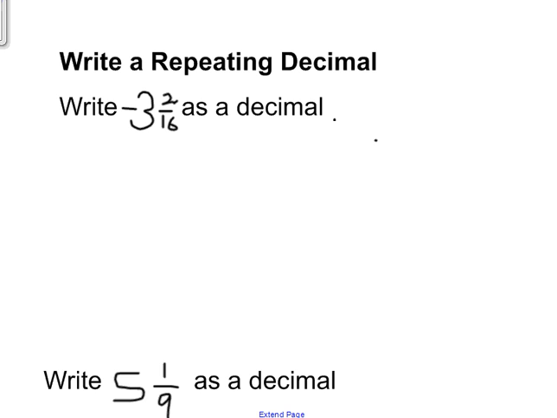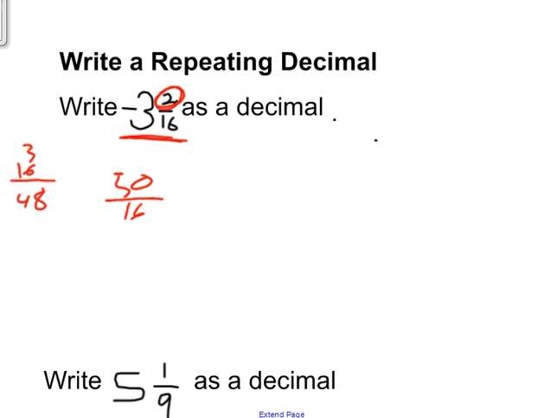Write -3 and 2/16 as a decimal. Well, the first thing I need to do is go from this mixed number to an improper fraction. So I'm going to take 3 times 16, that would be 48, plus the 2 that's already in the numerator. So it'd become 50 over 16.